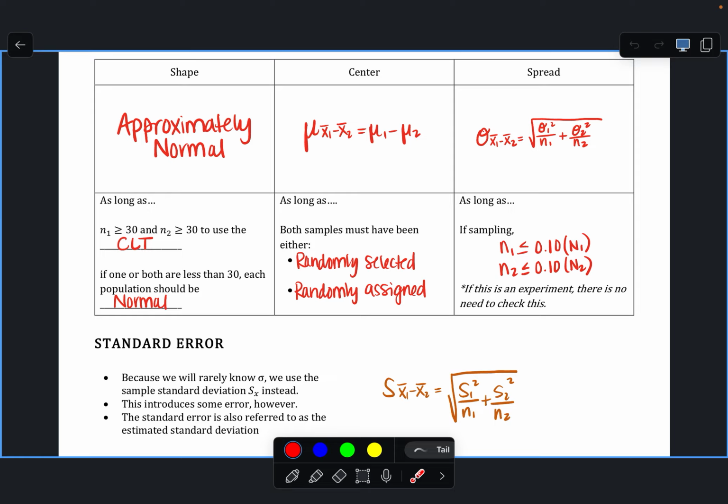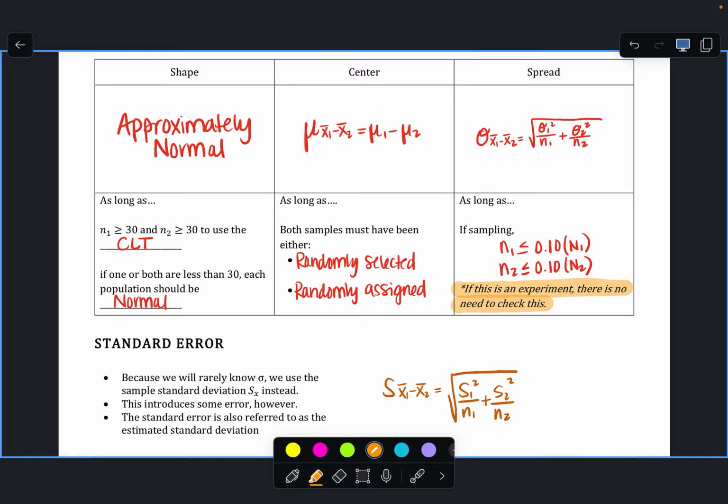The other 2 conditions, the center and spread, that is checked by doing randomness and 10%. Now, for the random condition, we have to see, did they randomly select from the population, or did they randomly assign treatments or the order of treatments or something random in their experiment at all. The only thing that gets wishy-washy in terms of conditions is for the experiments.